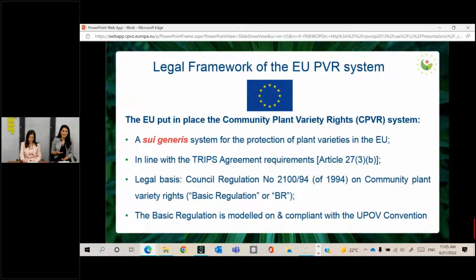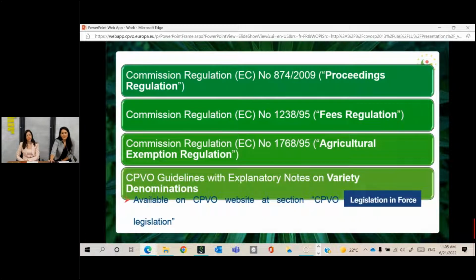You have to consider that this regulation was drafted when we were still in the European Community, so it's a little bit vintage wording. This is not our only piece of legislation. I will not go into details, but the practical aspects of community plant variety protection in the European Union are also regulated by other pieces of legislation, and I leave them on the screen, but you can find them on our website in the section Legislation in Force.